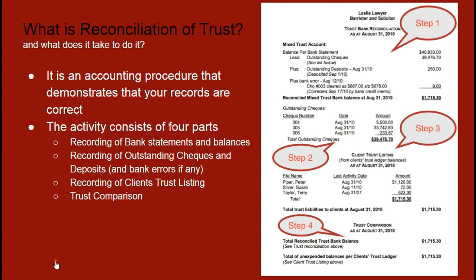Okay? So let's start with really understanding the reconciliation process, and let's start with the trust account. Simply put, this reconciliation process is an accounting procedure that ensures the records you have kept, either as a manual system or through an accounting system, match what's recorded in your bank.